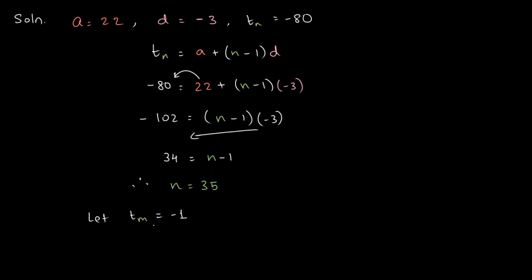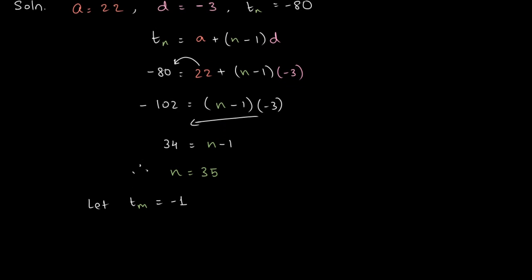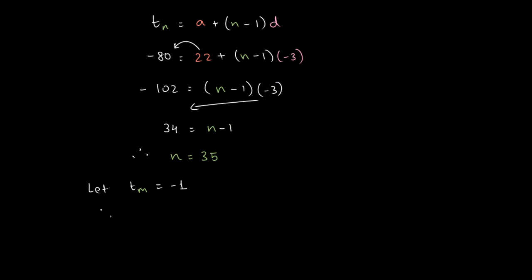So let's find the value of m, the position rather. Therefore a plus m minus 1 into d. That's the formula. Now instead of n I have m, so a plus m minus 1 into d should be equal to negative 1.